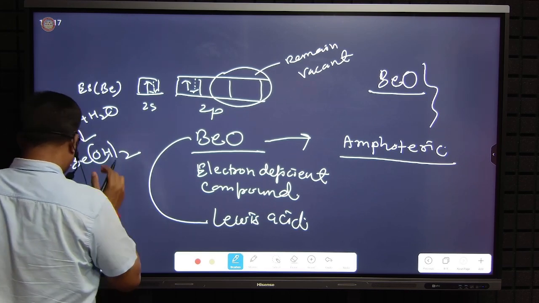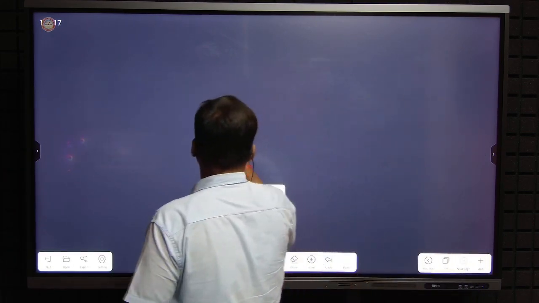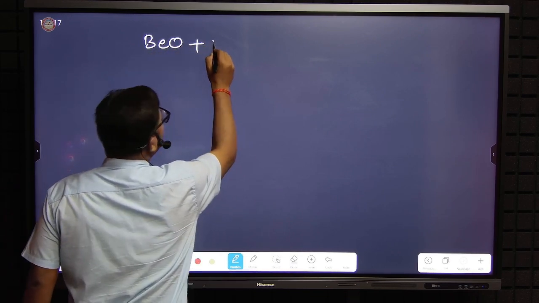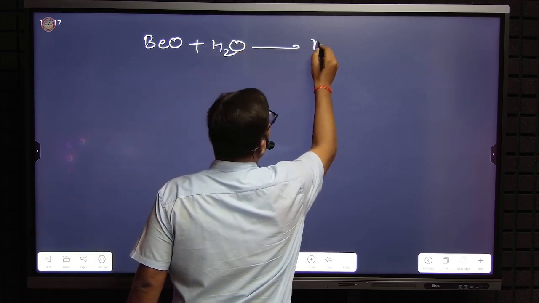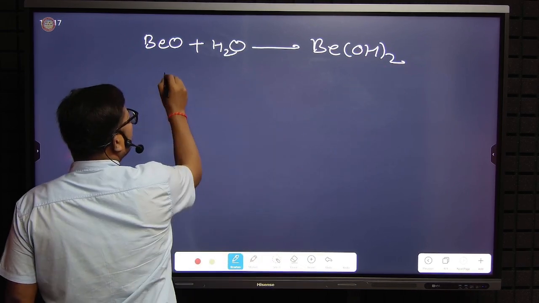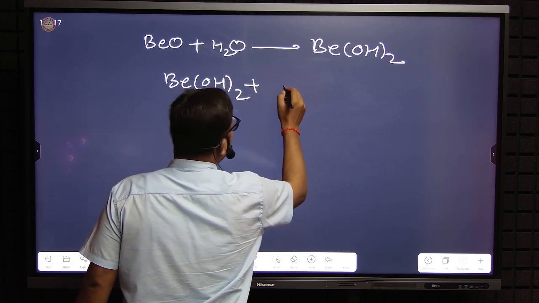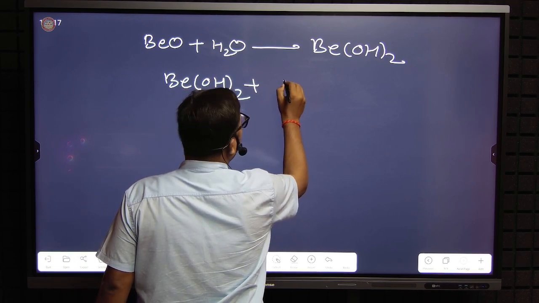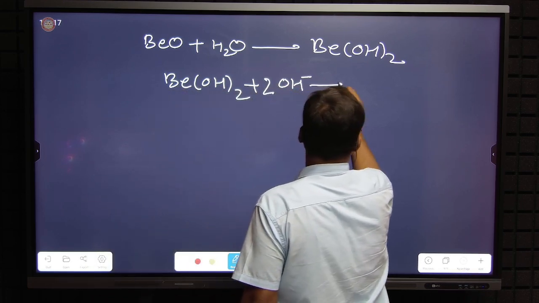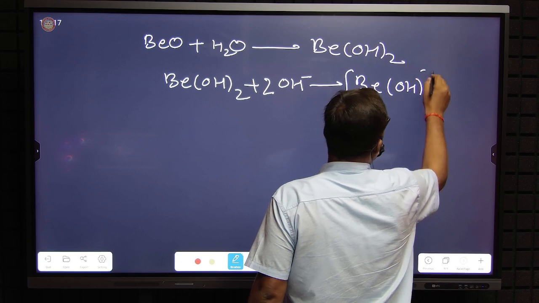It further reacts, as in the next page: beryllium oxide reacts with H2O to give beryllium hydroxide. Now this beryllium hydroxide is unsaturated, and it further reacts with hydroxide anion, 2 molar, and forms Be(OH)3, that is 2 minus.